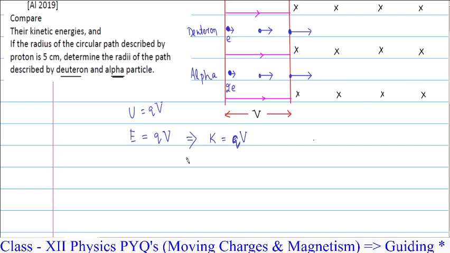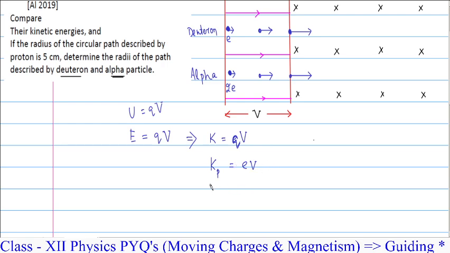So for the positively charged particles, the proton will have kinetic energy eV. That means the proton has charge e, that is 1.6 into 10 to the minus 19 coulomb.